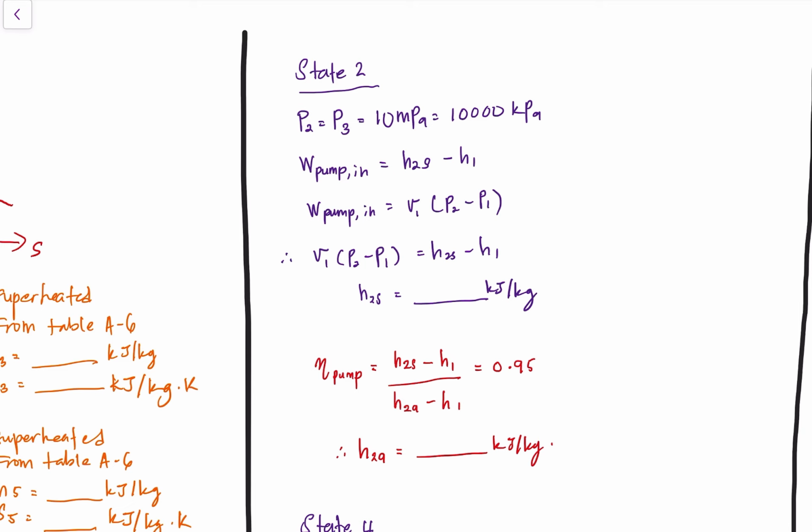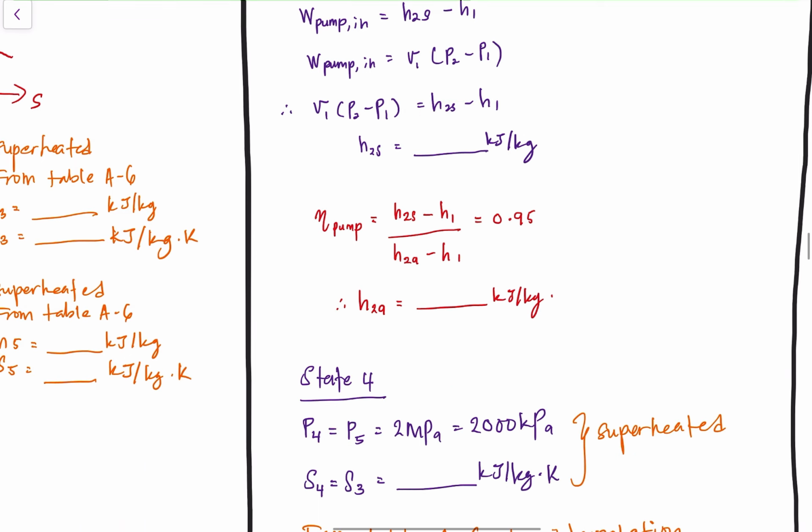So for state 2, in order for us to determine the enthalpy, we are going to use the isentropic relation for the work pumped in, where we know that the work pumped in can be expressed in these two relations. Thus, from these relations, you can obtain the enthalpy for the isentropic process between state 1 and state 2.